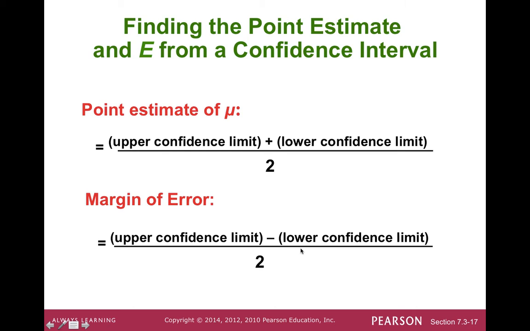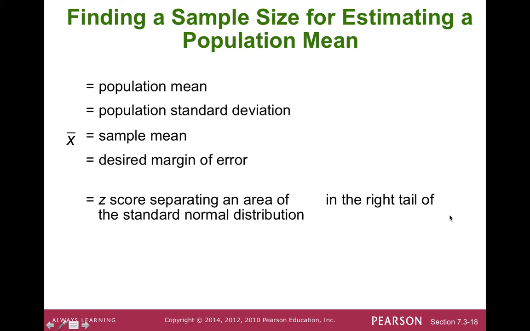Similarly, you can also calculate a margin of error, which is your upper confidence limit minus your lower confidence limit, divided by 2. And that will give you an estimate of your margin of error as well. So you're able to calculate both of these if you're given a confidence interval.